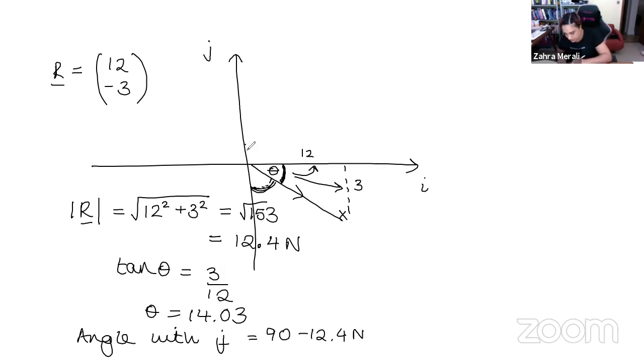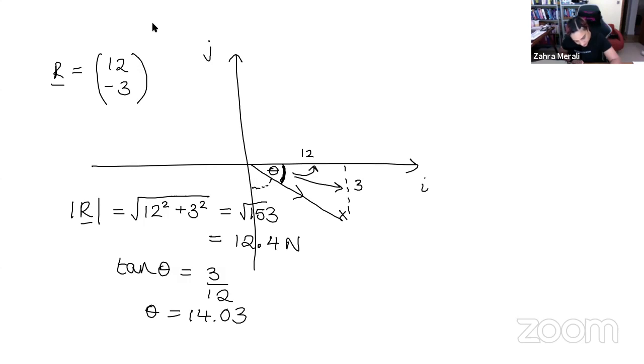Sorry, let me redo that, apologies. 14.03, hopefully, is my answer. I read the question wrong, it was with the i, so we don't need that one, we can ignore that. So theta is just 14.03. If it wanted it as a bearing, remember that's 3 values, it would be 014. And in this case, it doesn't.